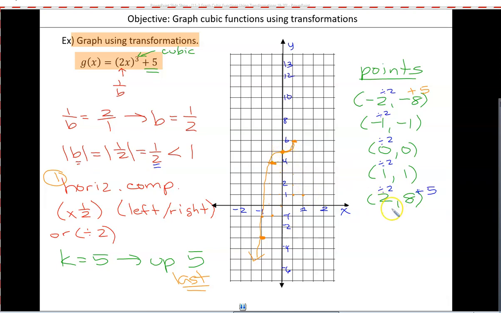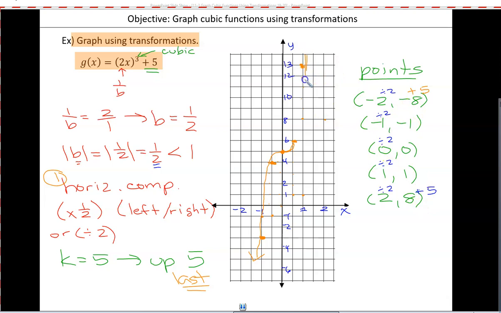Then we've got 2, 8, which starts off right here. So it compresses horizontally half of this distance. So it moves from +2 to +1, or from 4 squares to 2 squares, and then it moves up 5 units. 1, 2, 3, 4, 5, and it hits that 13, which is where I would expect it to hit, since 8 plus 5 is 13.